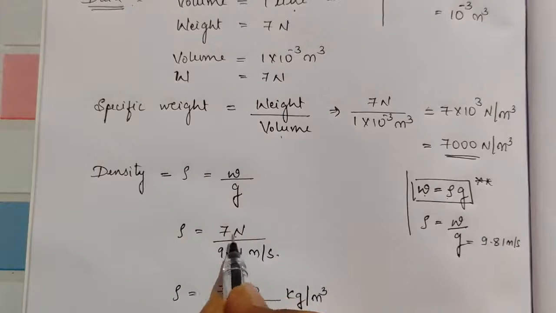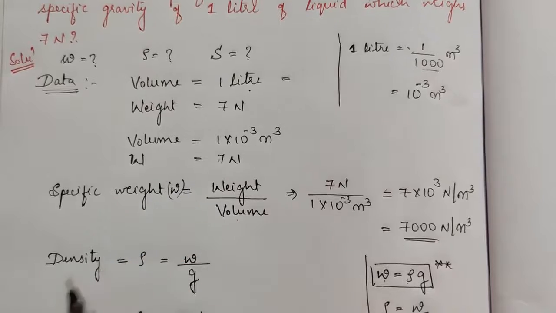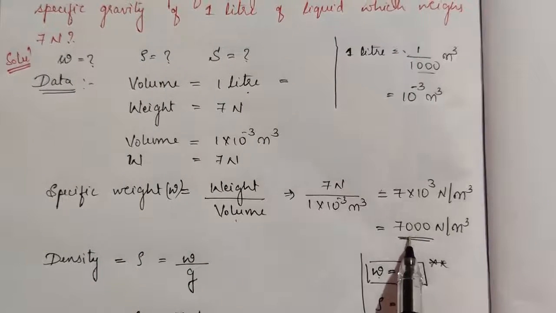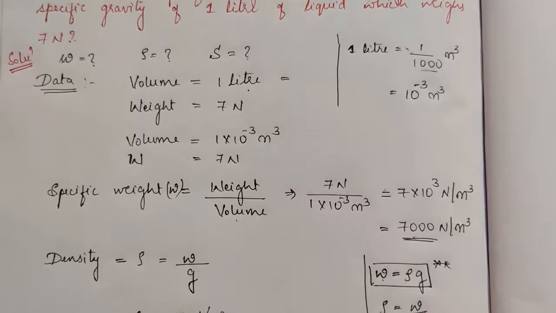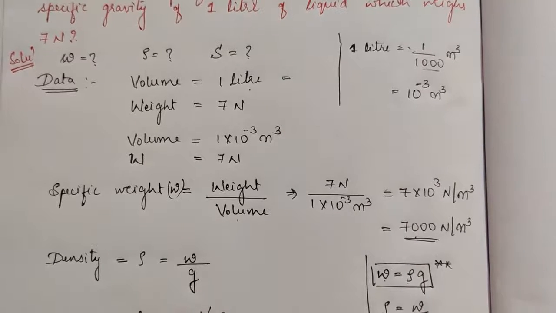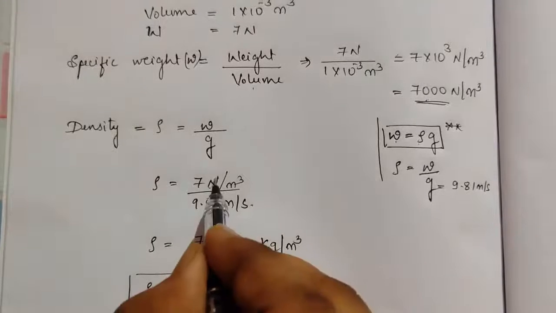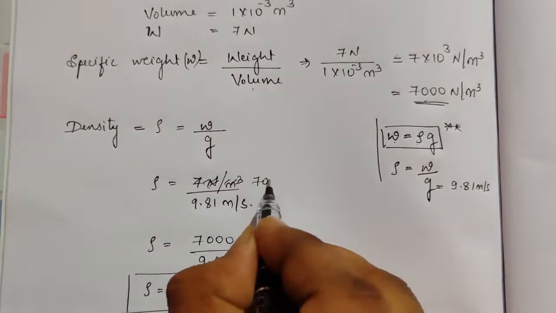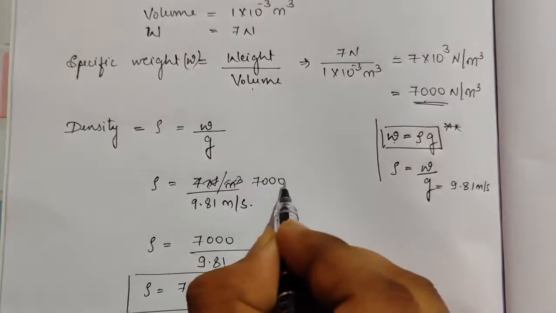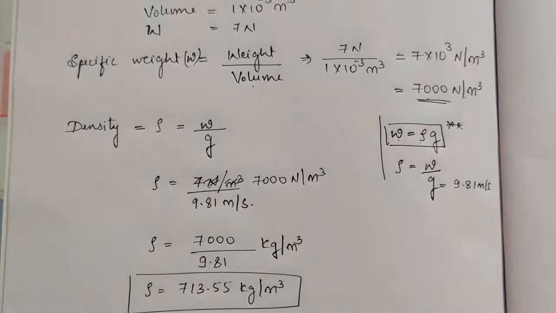So here it is 7 Newton I have taken. So what we got is the specific weight, 7,000 Newton per meter cube.